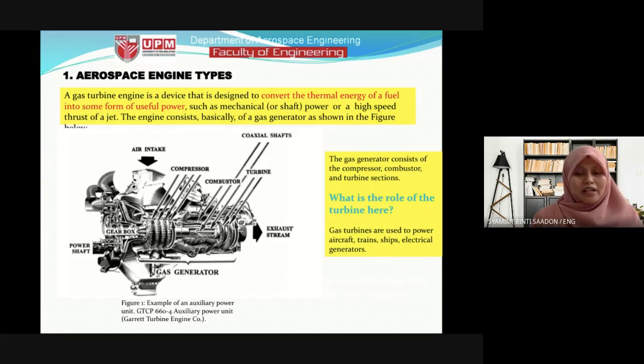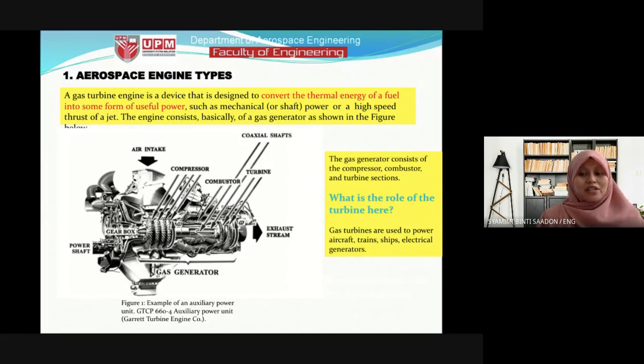So today, and in this chapter and chapters in the future, inshallah, we will look at the aerospace engine types, the specifics of each component. Aerospace engine is actually the basic gas turbine engine.